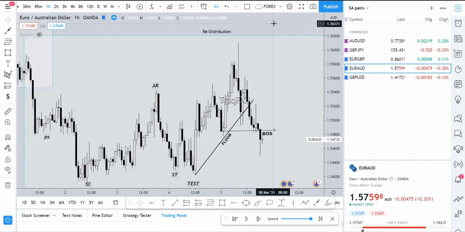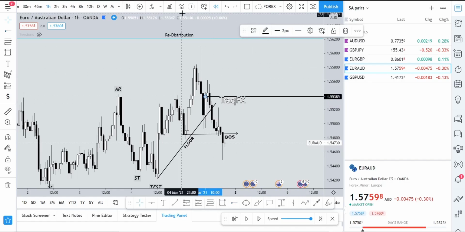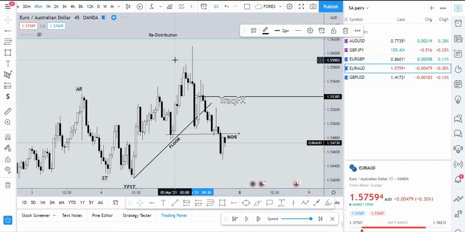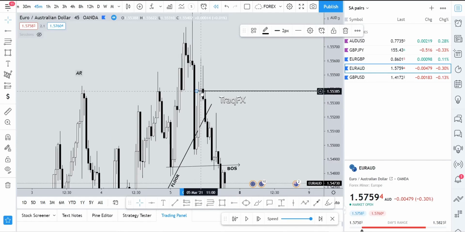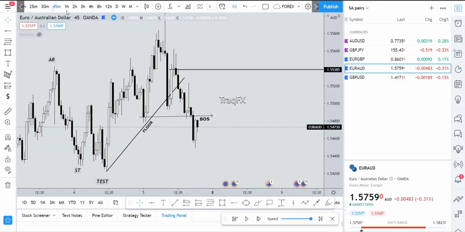Okay, so where can we look for an entry? Well, we have this institutional candle that has not been mitigated on the 1 hour. If we drop down, we see it aligns with the 45 minute, so that's a good sign. These institutional candles have been mitigated. Even this one has been mitigated.